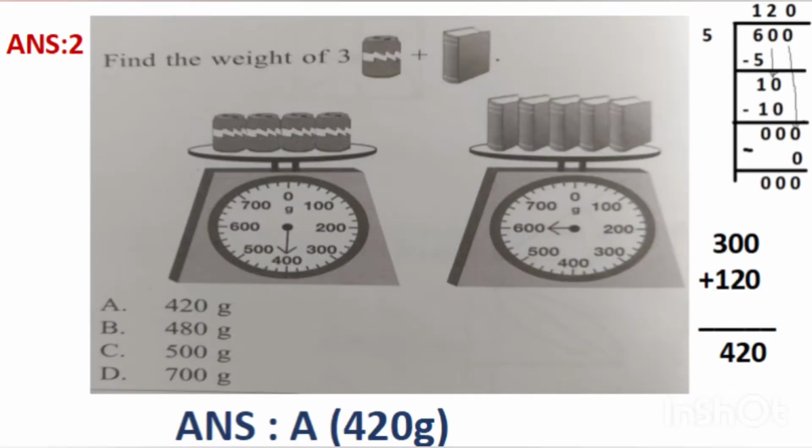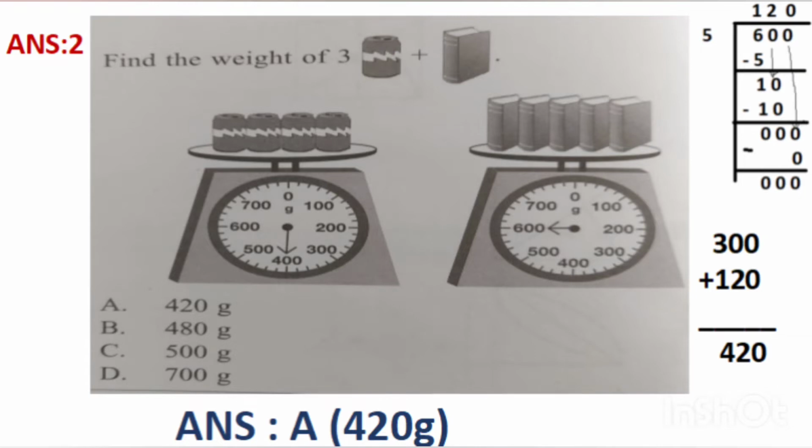Now see question number 2. Find the weight of 3 of the object shown over here, plus one book, right? Now see the first weighing scale. Here you can see 4 objects are placed and the number on the weighing scale shows 400, and the numbers you can see go like this: 100, 200, 300, 400 and so on, right?